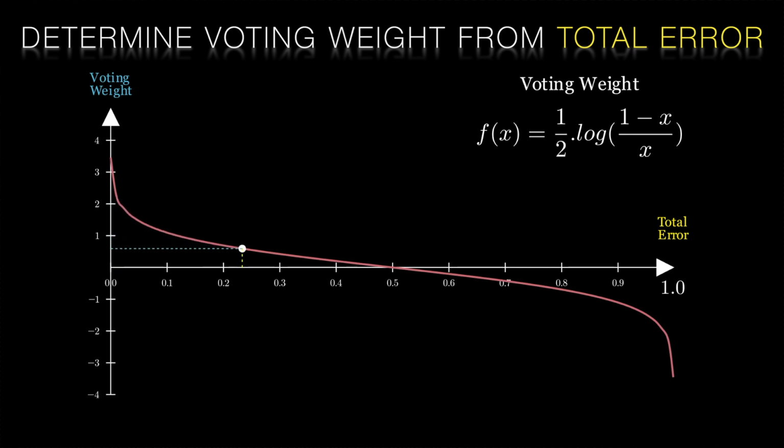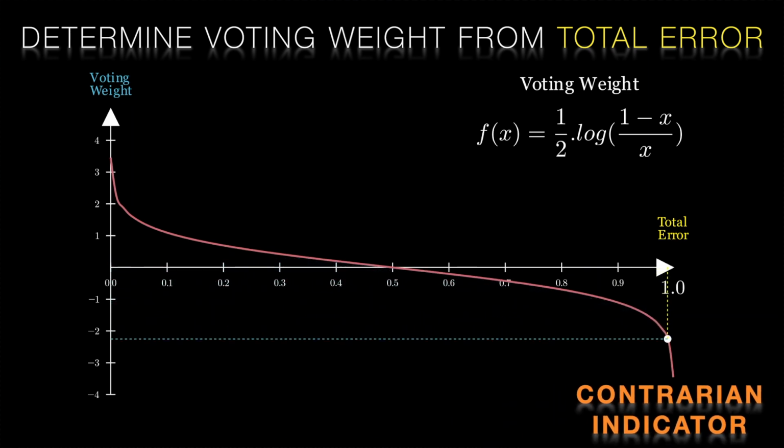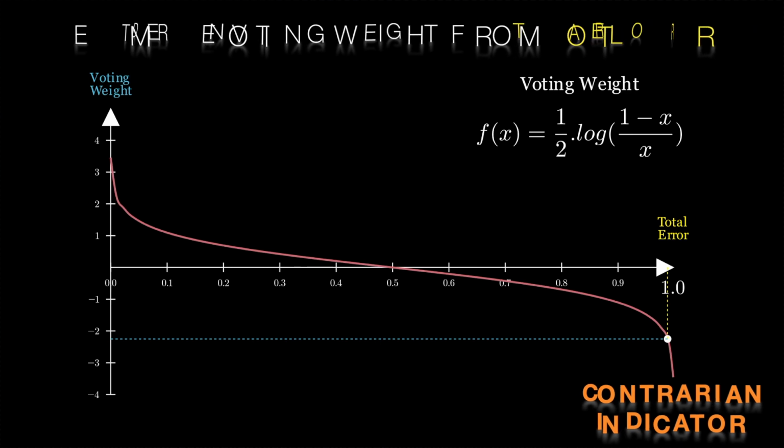For moderately low error values, here a value of 0.28, the stump will get less of a vote. Here it only gets a vote worth 0.5. Crucially, if the error is close to 1, that is to say we have a contrarian indicator, the stump gets a very large negative weight. This means we reverse the outcome of the classification and assign a high voting weight.